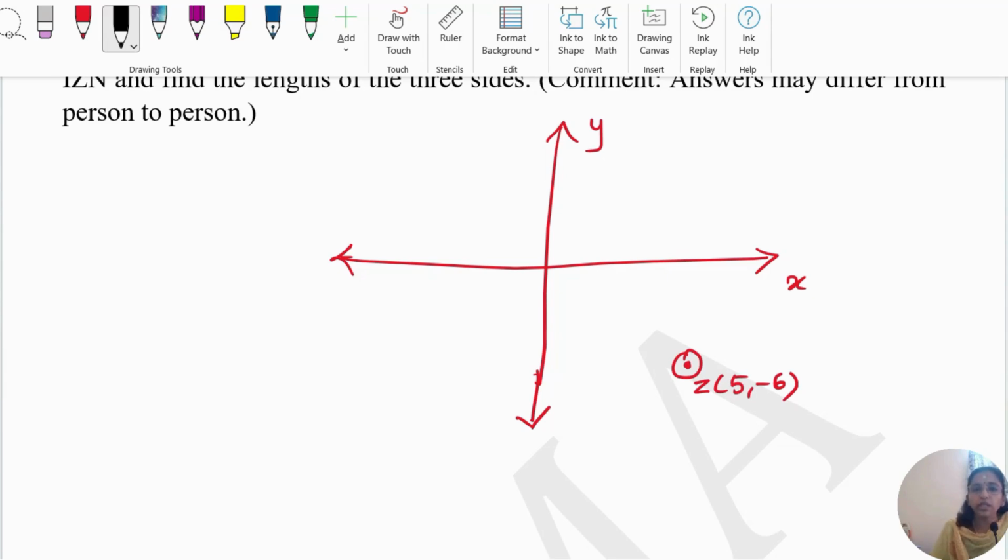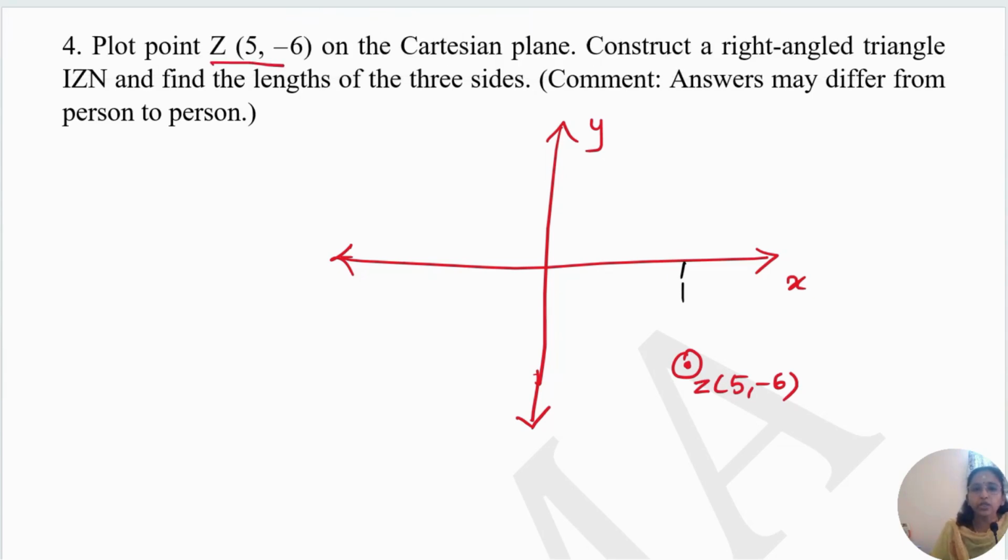You are asked to construct a right angle triangle. So straight away you connect this point to the x-axis. This point is I, because the right angle triangle name is IZN. The I point has x coordinate value 5 and it is on the x-axis, so the y coordinate value is 0.